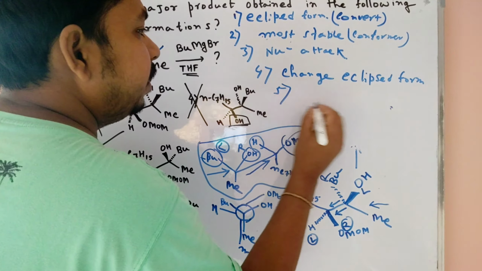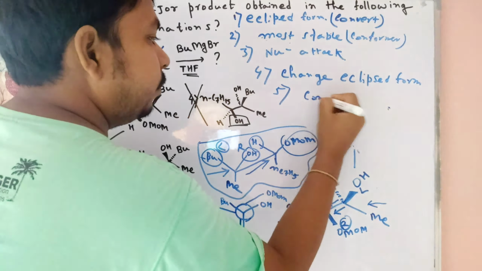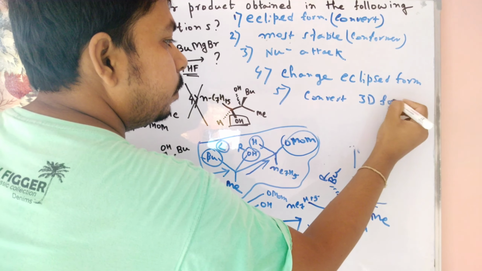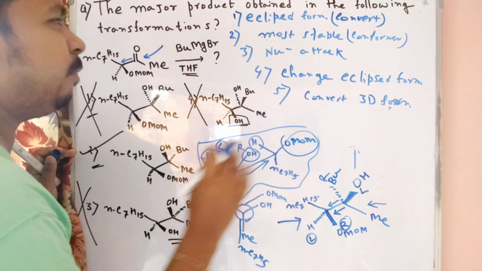Then the fifth step, eclipsed form to 3D form. So convert to the 3D form. So now if we follow a total of 5 steps, our whole problem is solved.